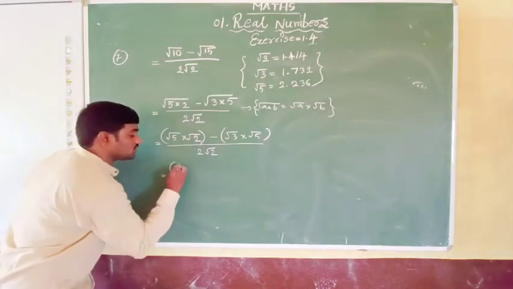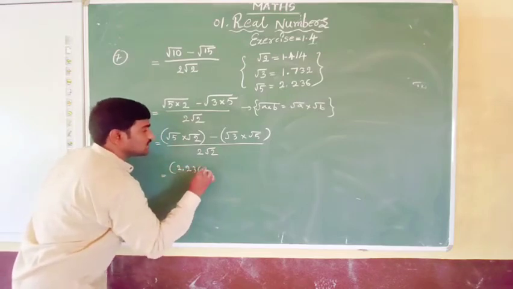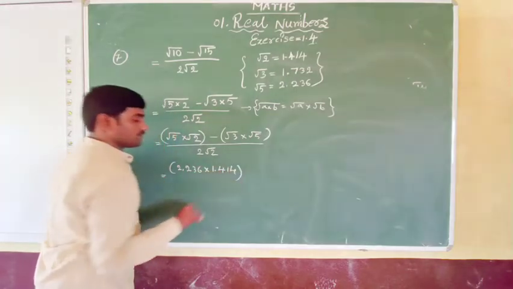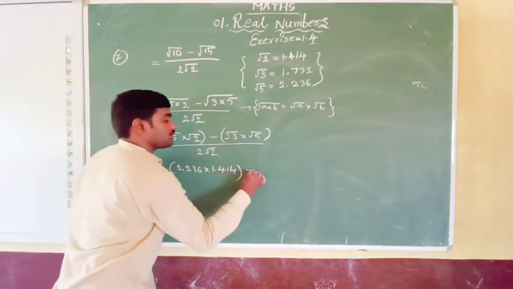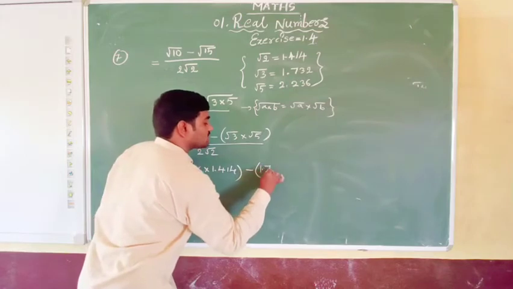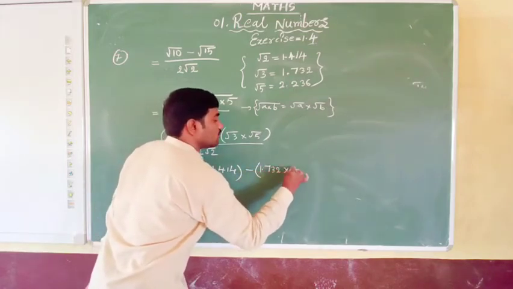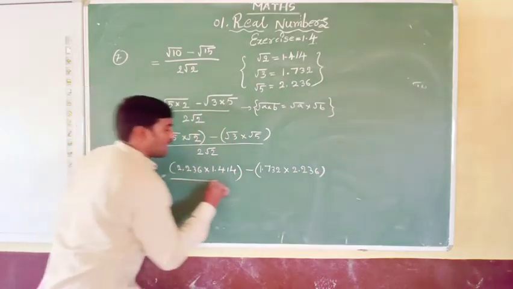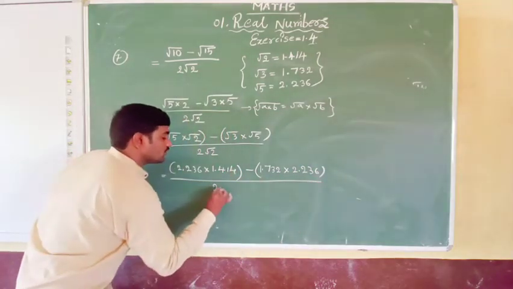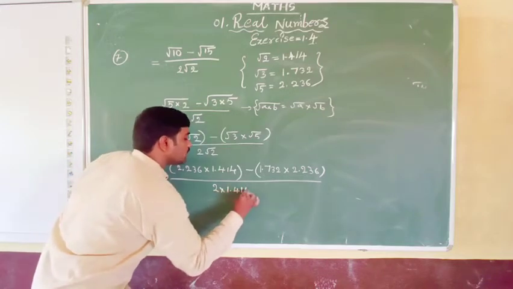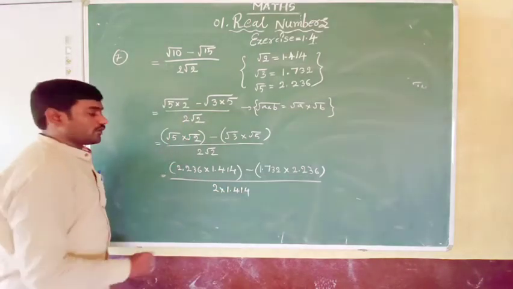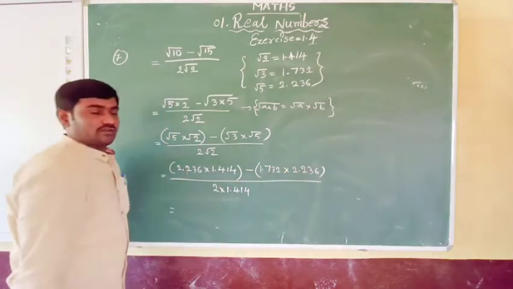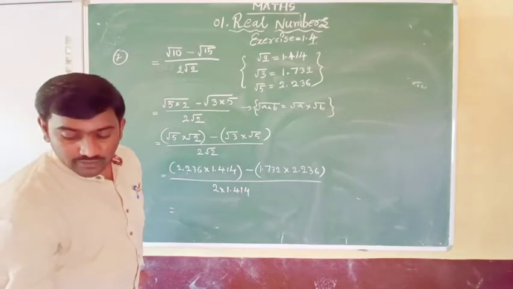We have to substitute those values wherever required. Root 5 value is 2.236 into root 2 value 1.414, minus root 3 value 1.732 into 2.236, all by 2 into 1.414. This is the value we got.